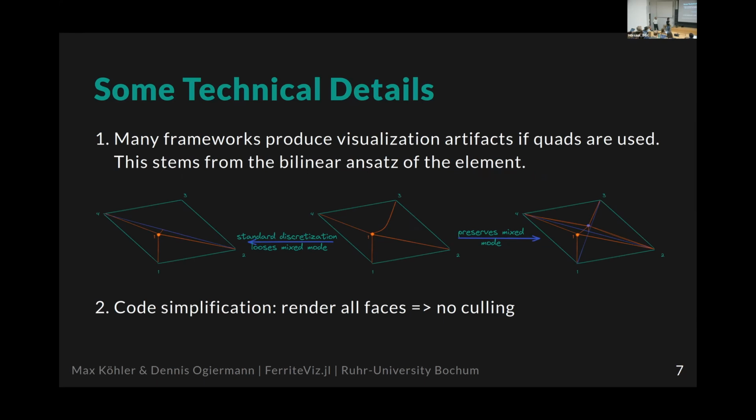This is often done in such frameworks, but if we do this, then we see here in the center, this diagonal mode is nonlinear. We discretize from 2 to 4 and connect the basis functions onto these triangles. We see that we basically lose this diagonal mode.